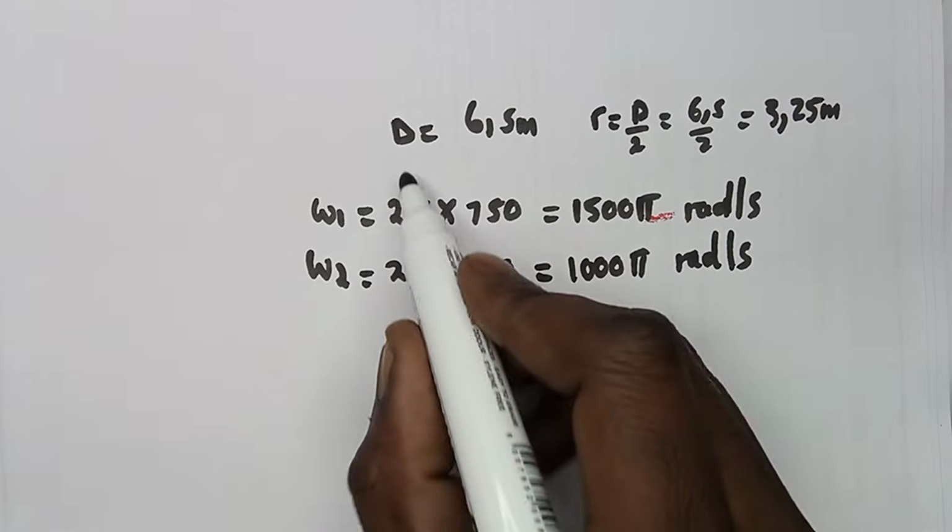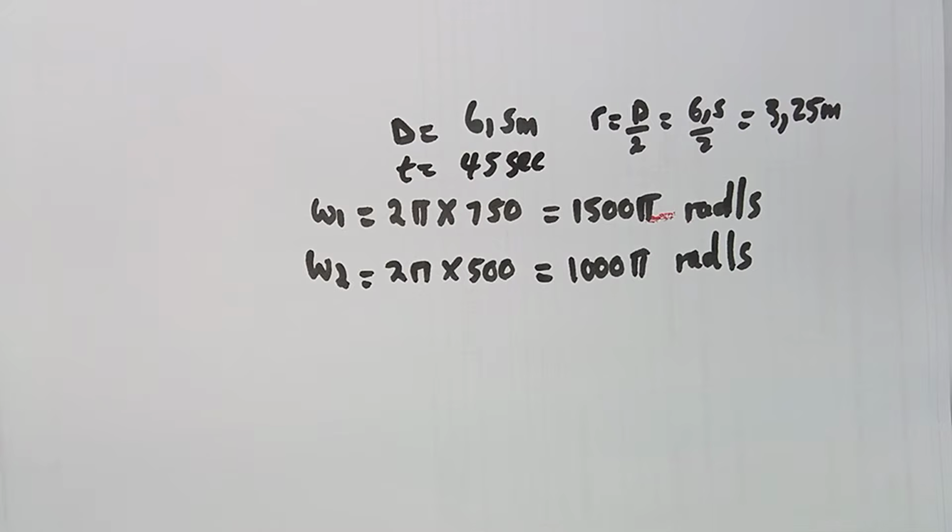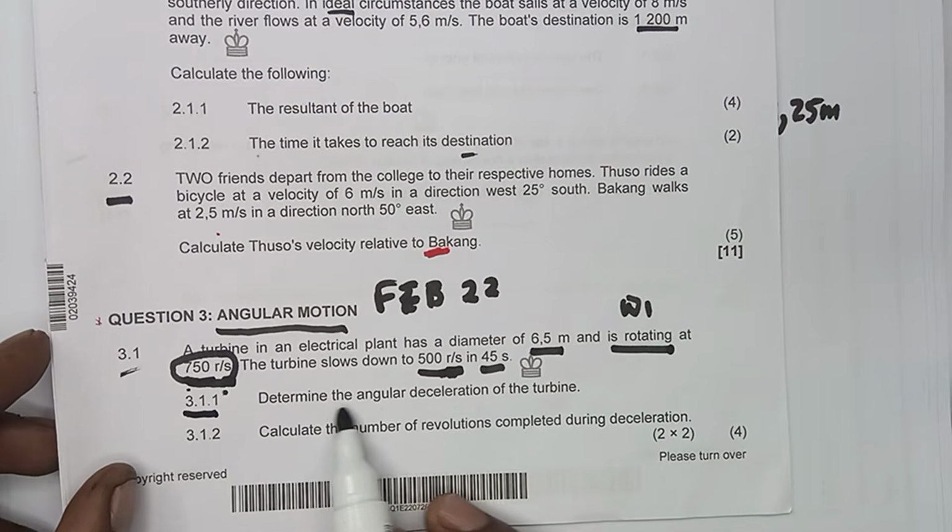So you're given also the time, which is 45 seconds. The time, there's nothing that we can do there. Just write it like that. So the first question is to calculate 3.11, the angular deceleration of the turbine.